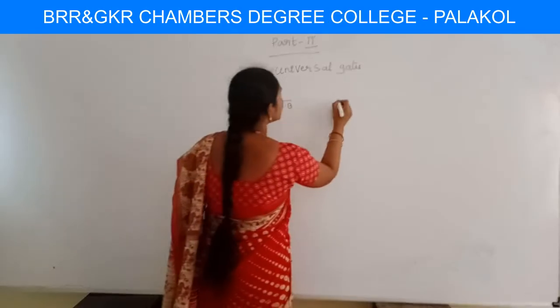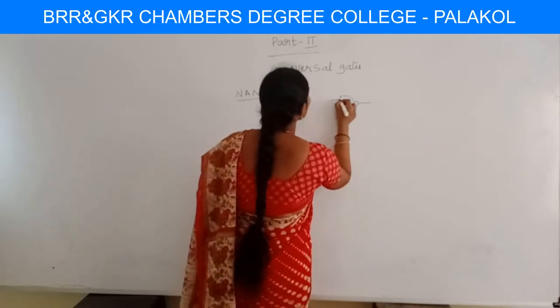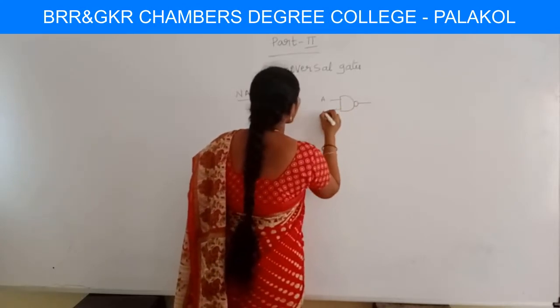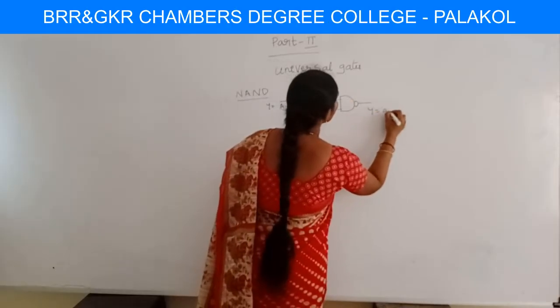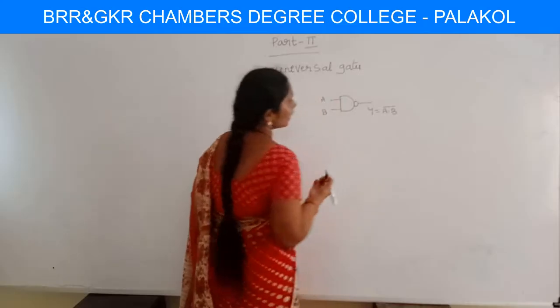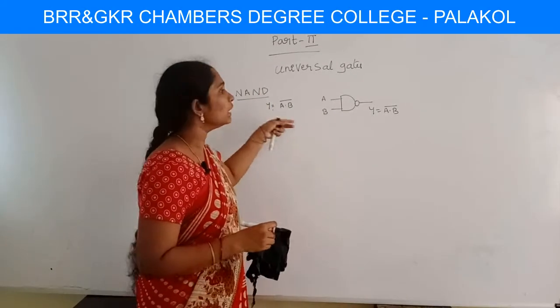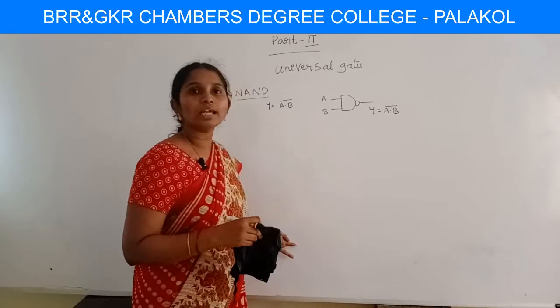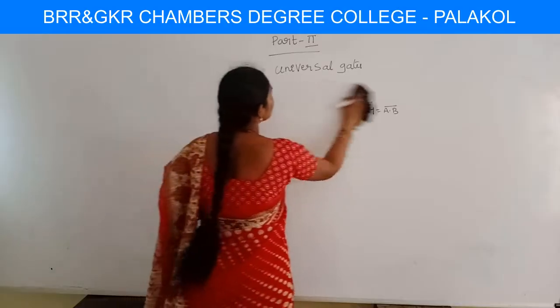This is the symbol of the NAND gate. It has two inputs and the output is equal to (a dot b) whole bar. By using this NAND gate we will implement all the basic gates.